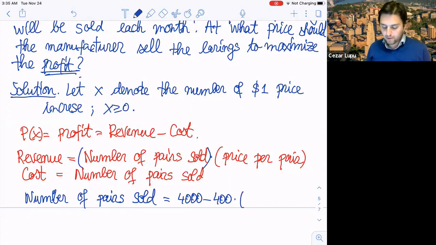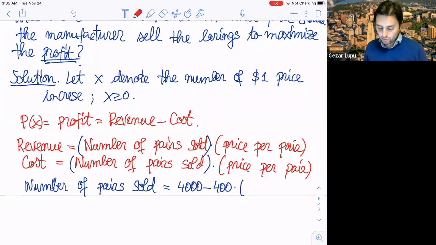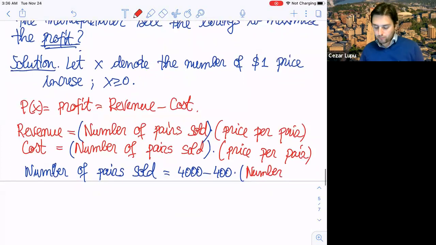So this is the number of pairs sold times the price per pair, and the same goes for the cost, the number of pairs sold times the cost per pair.